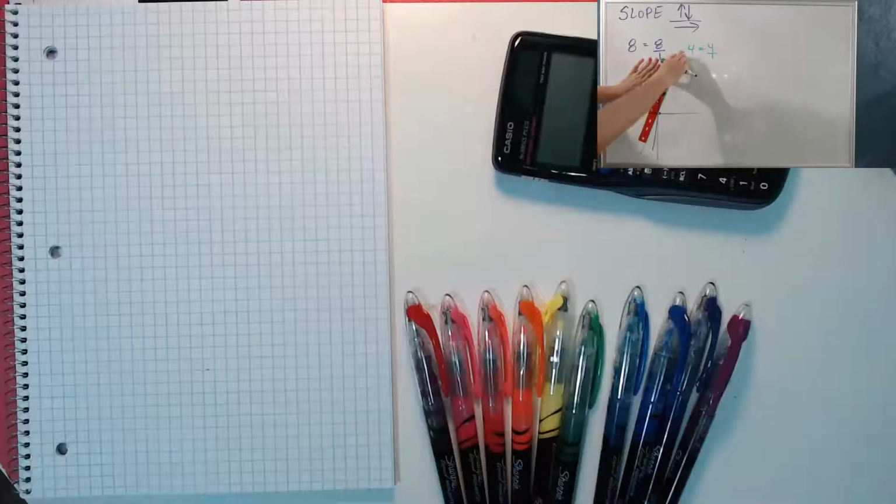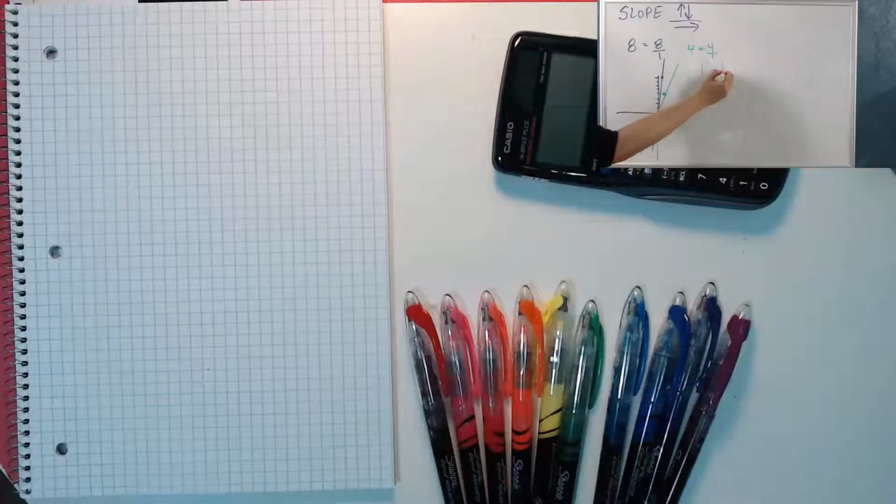This line is not so steep, okay? So the larger the number, the steeper the slope. I'm going to do another one, which is the slope of 1, which is 1/1, up 1, over 1.